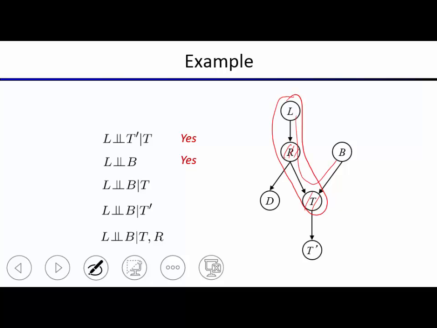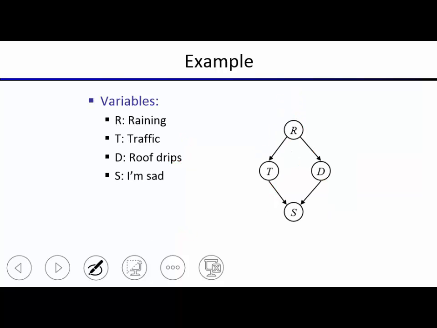Causal chain, middle node observed, makes it inactive, means the path becomes inactive. It's the only path, so all paths are inactive. So this independence is guaranteed to be true, no matter what people put in their conditional probability tables for this base net.